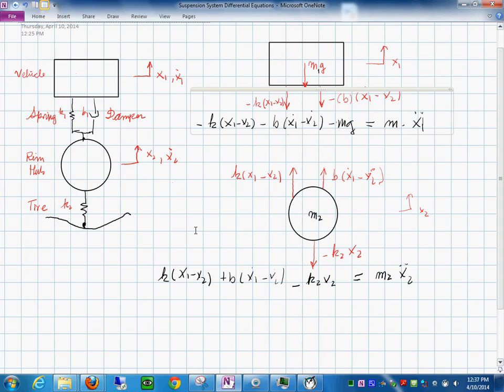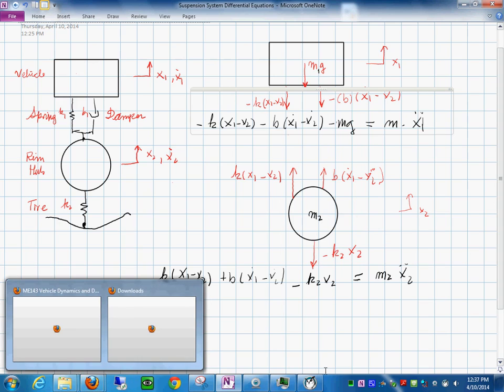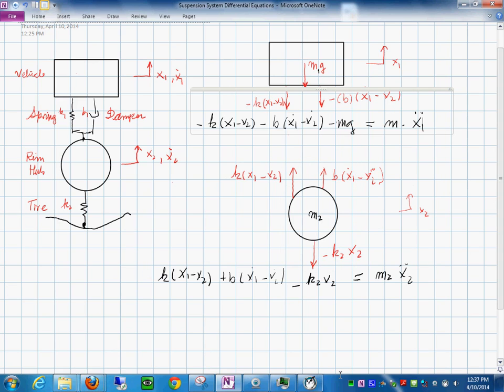We could give it a try to do it directly in Simulink and see how it goes. Let's give it a try. So let's just go directly to Simulink and we'll translate these equations into a block diagram.